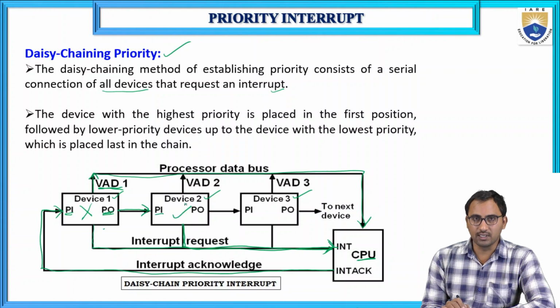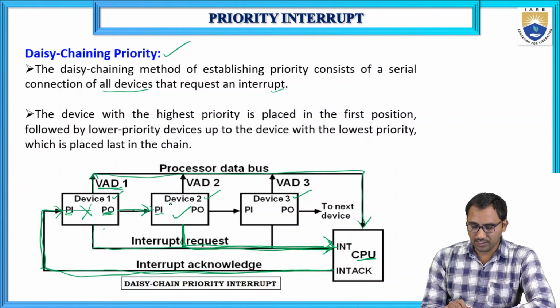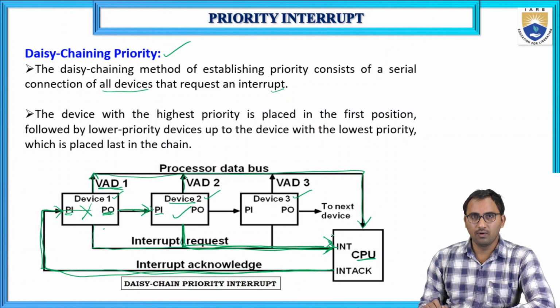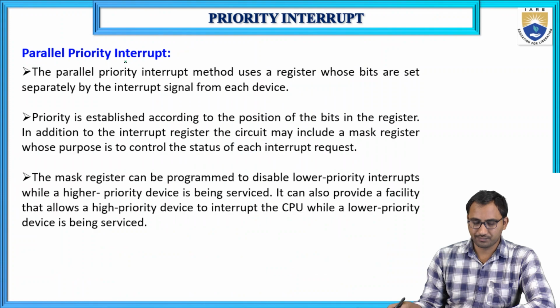If the second device generated the interrupt request, it will send an interrupt to the CPU. Then the CPU will give the acknowledgement. After that, device 2 will generate a vectored address that will be given to the CPU in order to execute the corresponding ISR program. So this is the daisy chaining priority method.